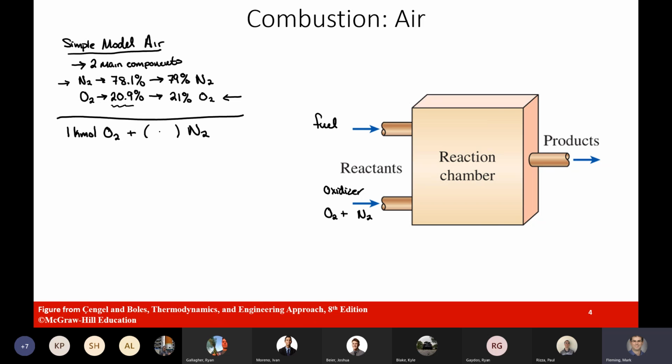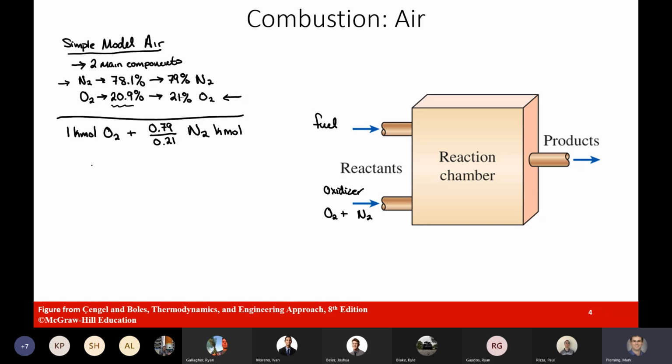To find this value, we said, well, if we set this value to 1, this value was 21%. So we can set this up as a ratio. I'm going to remove this, and we're going to say it's 0.79 divided by 0.21. And this is going to represent the number of kmols that we have of the nitrogen.